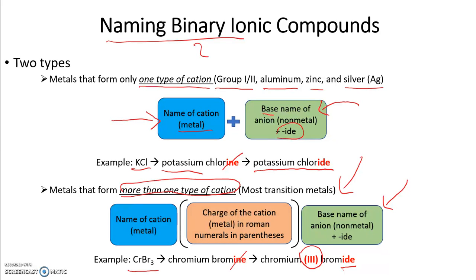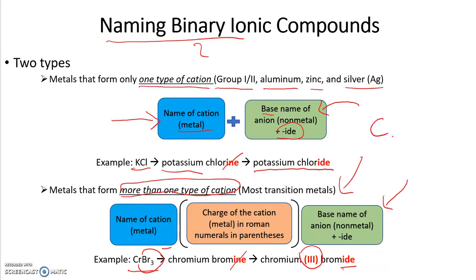And you can get this by 2 different methods. I'm going to do the reverse crisscross method for our examples. If you have 3 bromines and you know that the charge for bromine is a minus charge, then you have a 3- charge essentially on the bromine. And thus, to balance that out, the chromium has to have a 3+ charge.